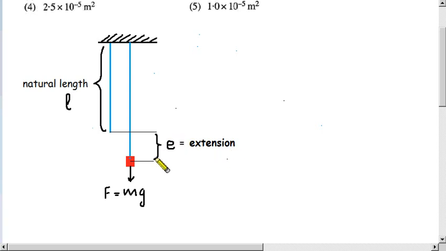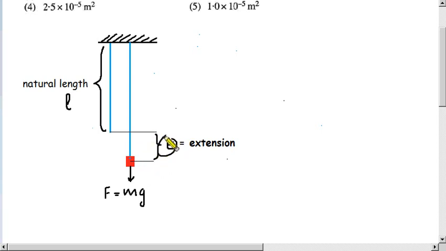If you increase the applied force, the change in length, this length, will increase. Now let's make a graph that describes the force and the change in length.